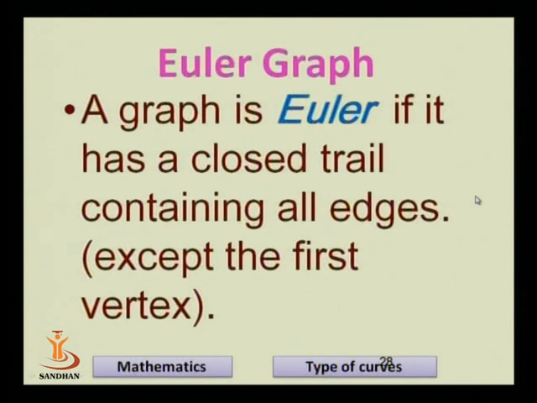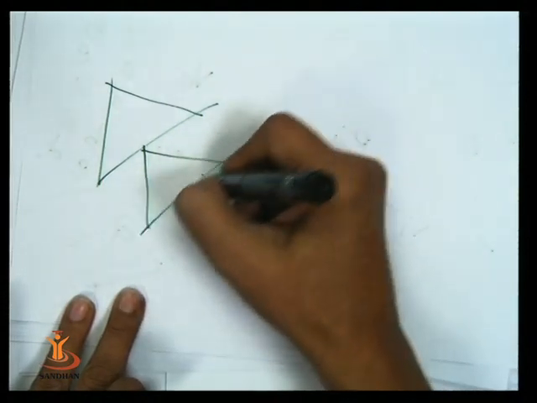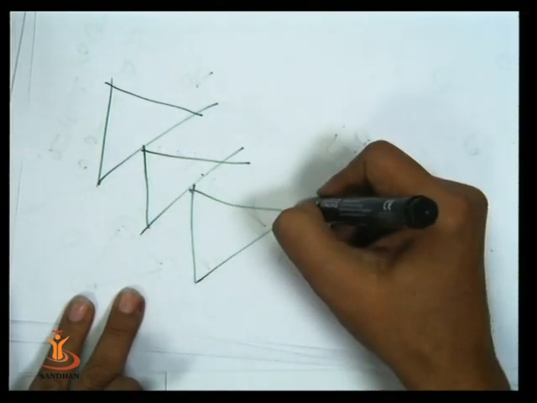Now what is a Euler graph? A Euler graph is a graph that has a closed trail containing all edges. This graph is a Euler graph.